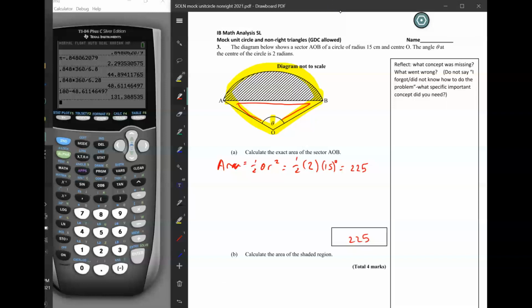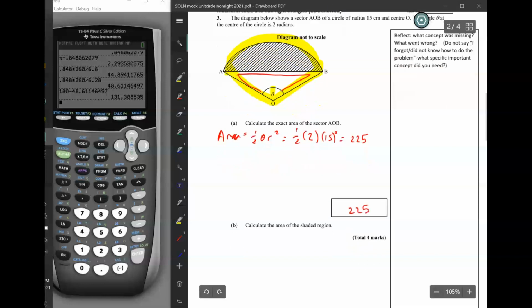The way that uses what we learned in this unit is the 1/2 ab sine C formula to figure out the area of a non-right triangle, right? And in this case, the angle C is 2 radians, so it'd be the sine of 2 radians. And then a and b would be the radius of each one, which is 15, and then times 1/2.